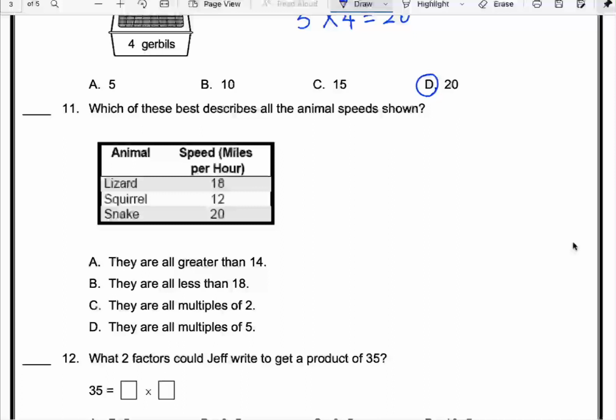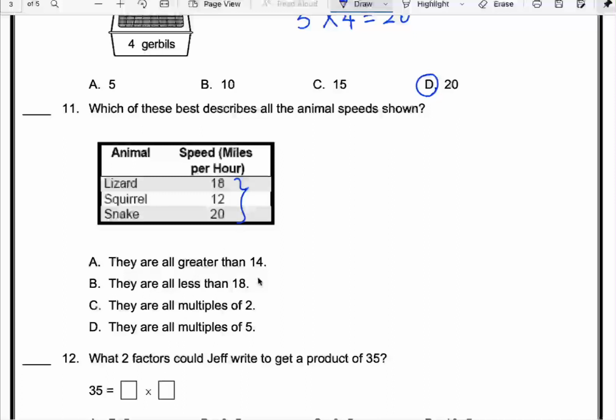Which of these describes all the animal speeds shown? We have lizard, 18 miles per hour, and these are the speeds. Look at these numbers.